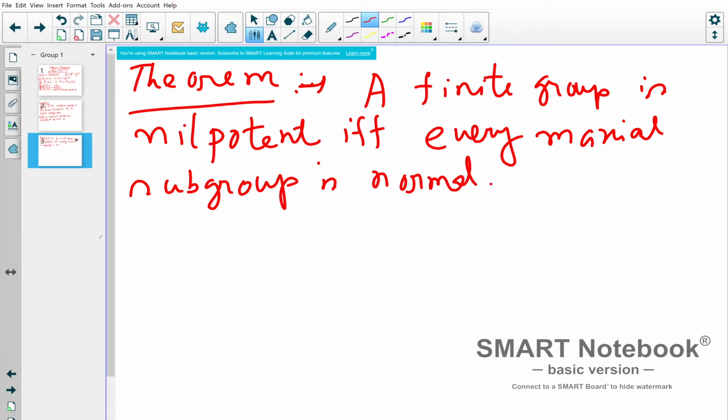So we know that for a nilpotent group, a maximal subgroup is a normal subgroup, right? But the converse is also true, right? So let me give a proof.